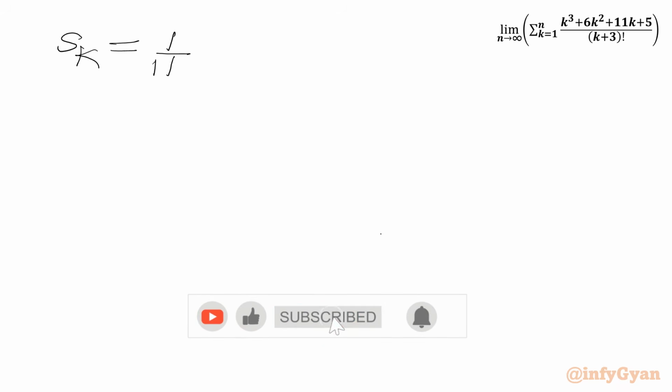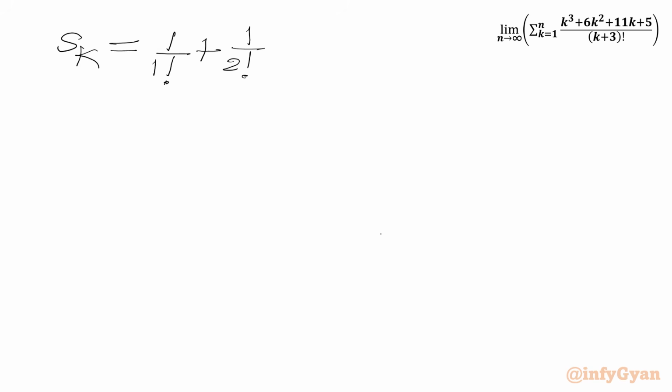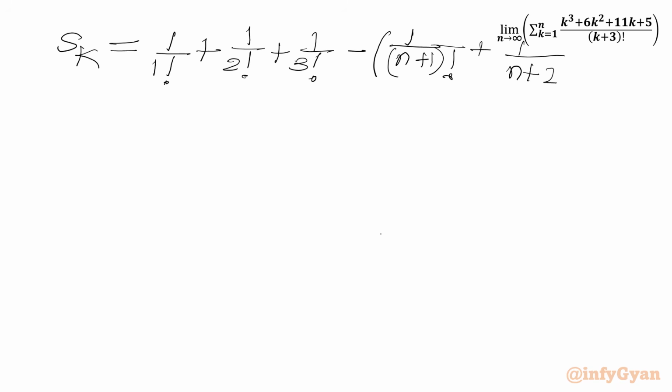Let me write here, Sk will be equal to 1 over 1 factorial plus 1 over 2 factorial plus 1 over 3 factorial, and if I take minus common, then I can write 1 over n plus 1 factorial in the denominator plus 1 over n plus 2 factorial in the denominator plus 1 over n plus 3 factorial in the denominator.